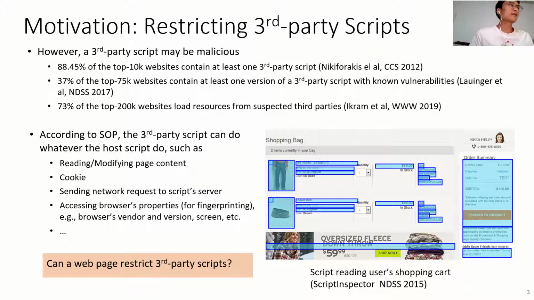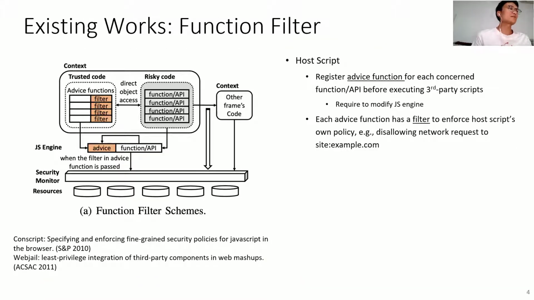So can a web page restrict the third-party scripts? Of course, a lot of existing work has been done to solve this problem. We call the first type of existing work function filter approaches. The basic idea is that the host script has to register advanced functions for each concerned function API before executing the third-party script, and each advanced function has a filter to enforce the host script policy.